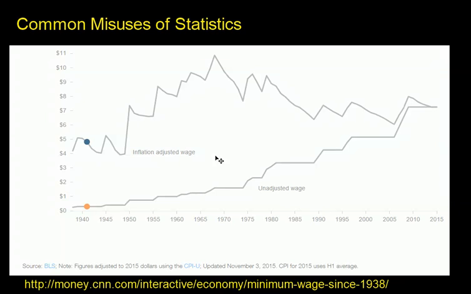But if we were to adjust for inflation, meaning we were to use some sort of inflation calculator to calculate what money back in 1940 would be if it were the same money that we use here in 2015, you see that since 1940, there's been some incline from maybe $4 to somewhere around $7.